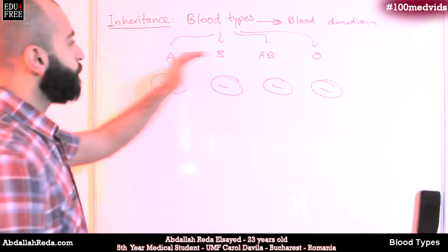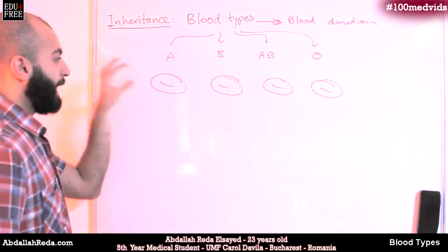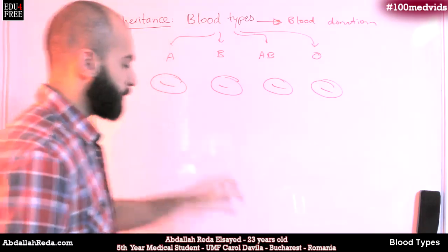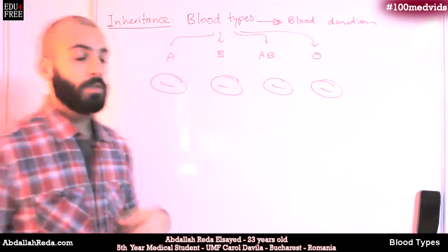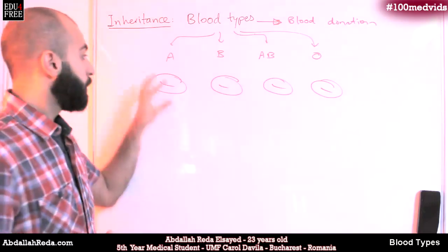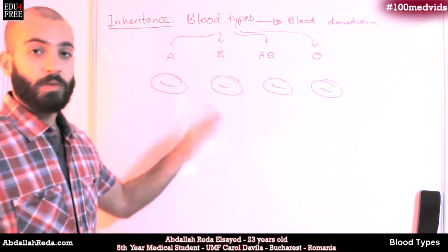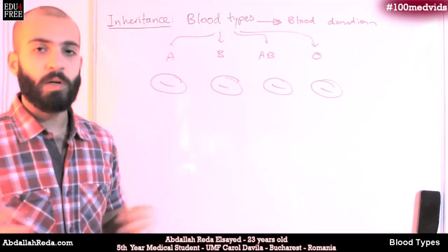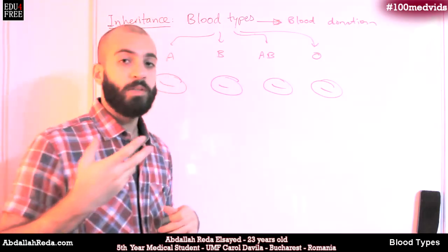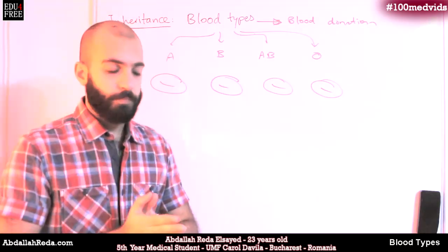Now, those different letters are the names of antigens that are present on the surface of the red blood cells. Now, what are antigens? Antigens are proteins that are expressed on the surface of the cells inside the human body. Any cell can present antigens, and those antigens attract antibodies.